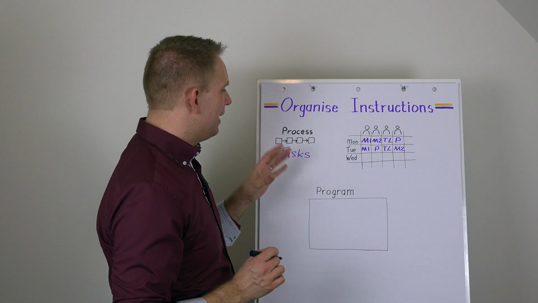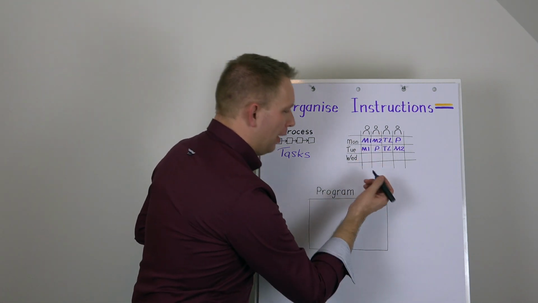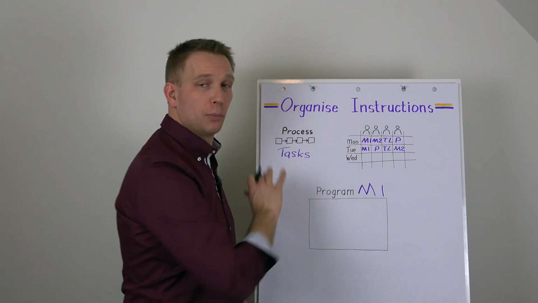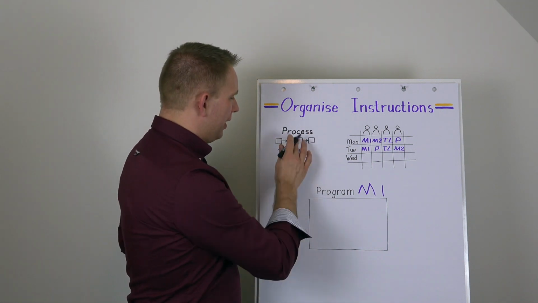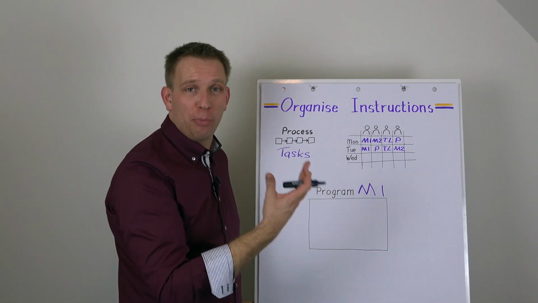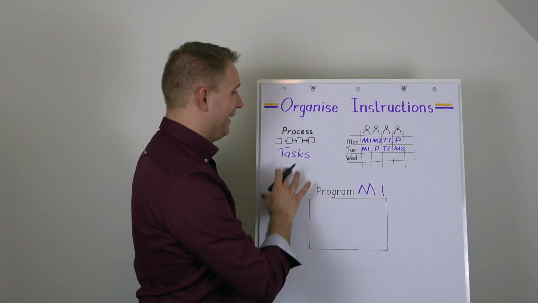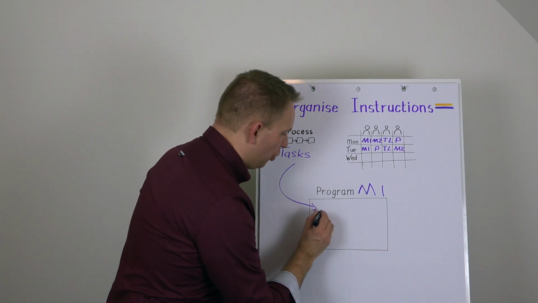So if we make a training program for our milling 1 workplace, we check which processes are a part and what are then the tasks that the operator of this milling process, and then the first part of the milling process, has to be able to do. And these tasks, they go onto our program.